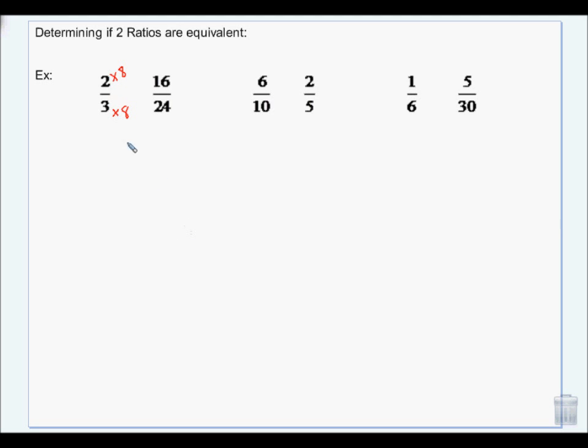So 2 times 8 is 16, 3 times 8 is 24. They match, so they are equivalent. Okay, so that's one way.